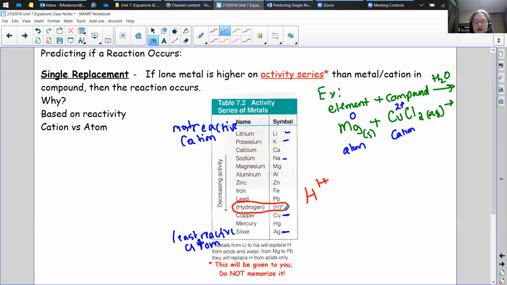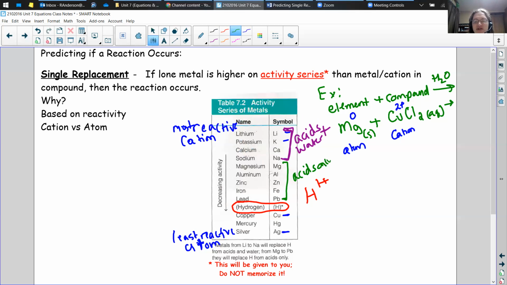You see the little asterisk there that says that metals from lithium to sodium will replace hydrogen from acids and waters. This only pertains to hydrogen. So if you are lithium through sodium, you can kick out the hydrogen from acids and water, because these elements have just enough reactivity to do that. But if you are magnesium to lead, then you will only be able to replace hydrogen from acids only.